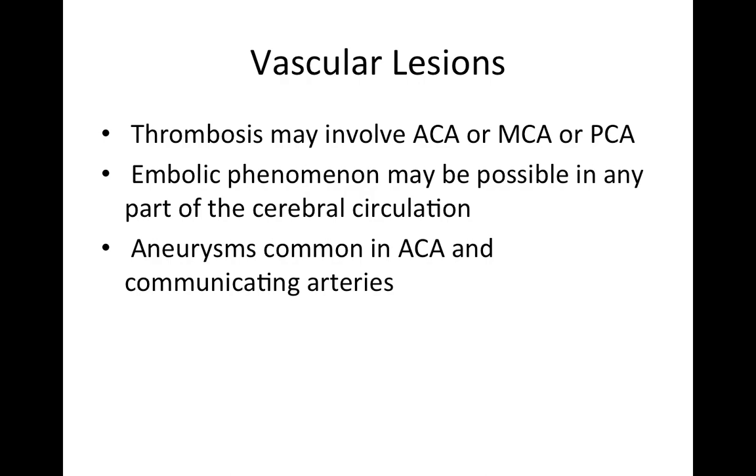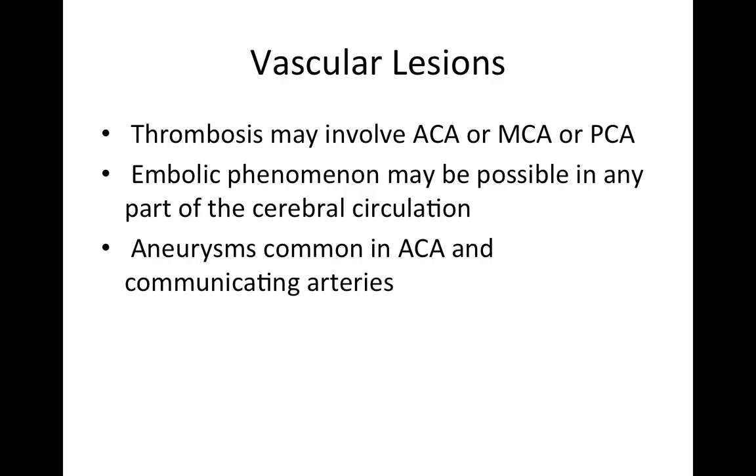Vascular lesion includes thrombotic, which may involve the anterior cerebral artery, middle cerebral artery, or posterior cerebral artery, or could be embolic, which may be possible in any part of the cerebral circulation because of debris from somewhere outside, in the heart or the venous system.